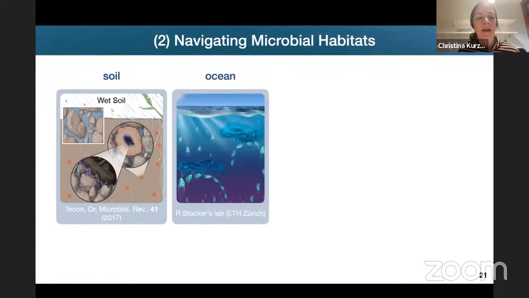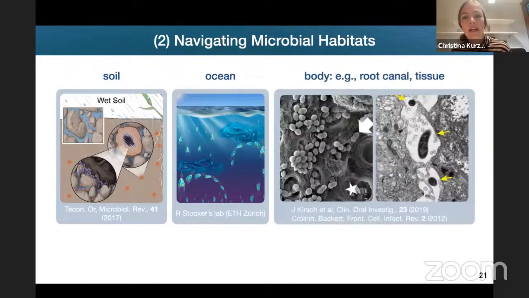Many microorganisms are present in the ocean, where they are subject to large flows and chemical gradients and fields. That's another topic of research. And finally, there are many microorganisms in our body. Here you can see an image of a root canal of our tooth, where cells penetrate, and other cells can also squeeze through tissues.